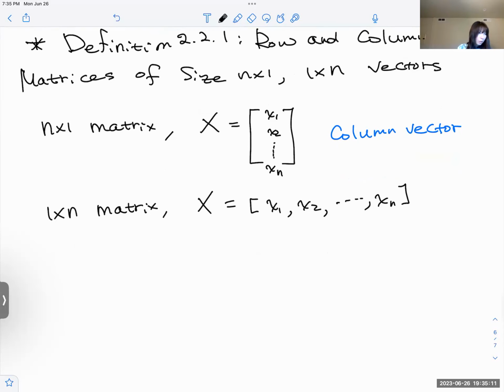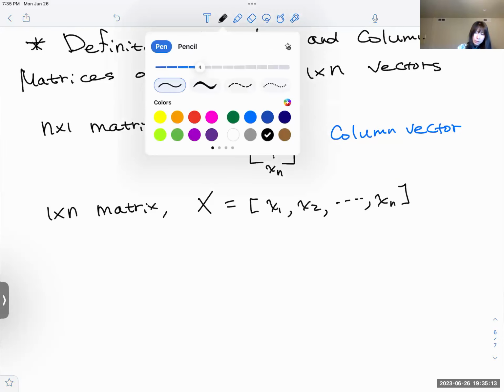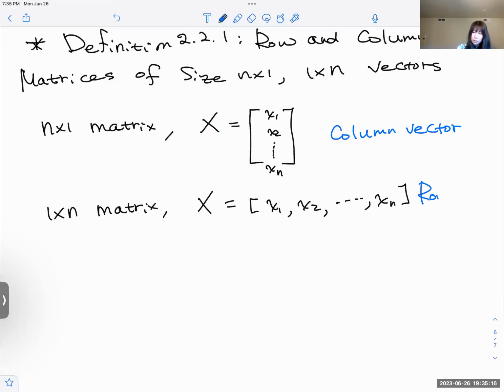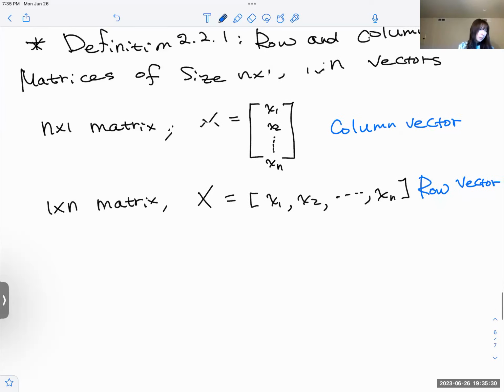All right, so this is a row vector. Okay, now we talk about the linear combination. So a linear combination has a form that looks like this.